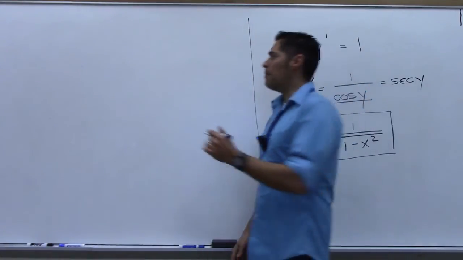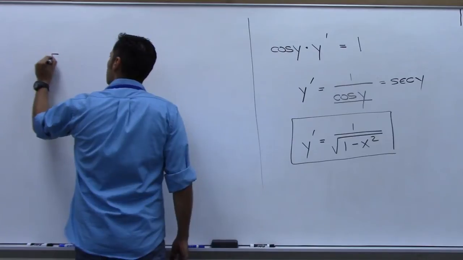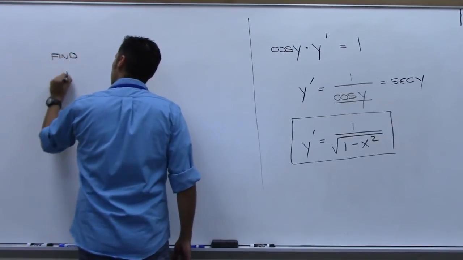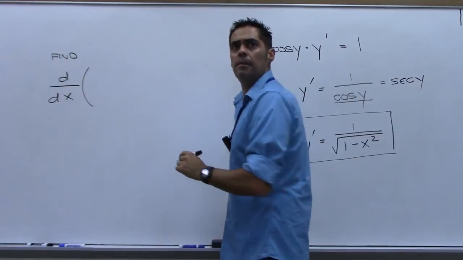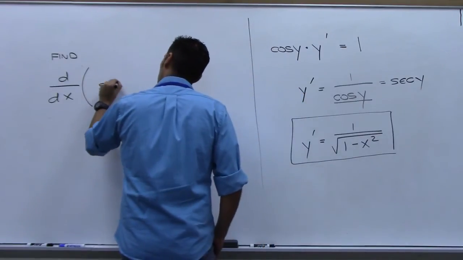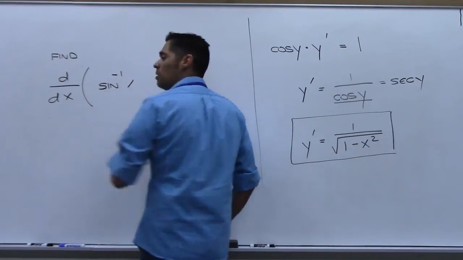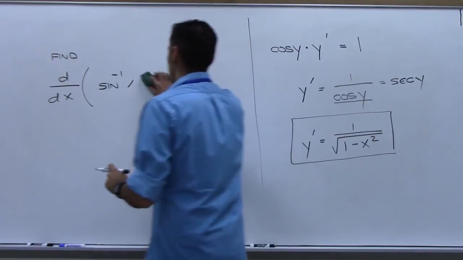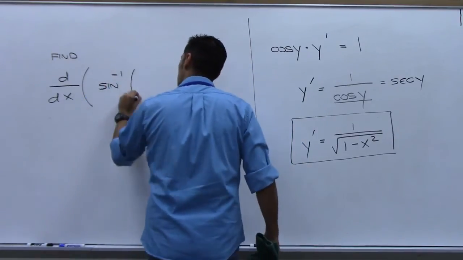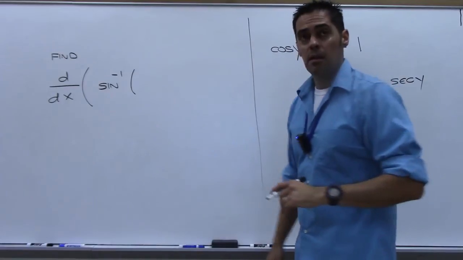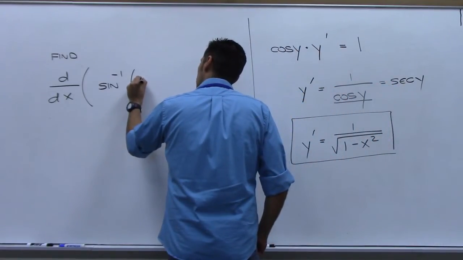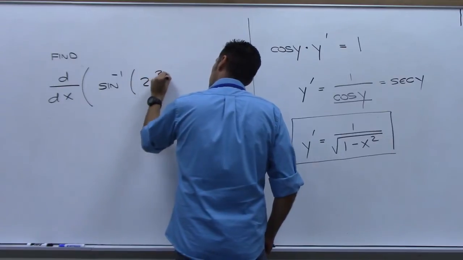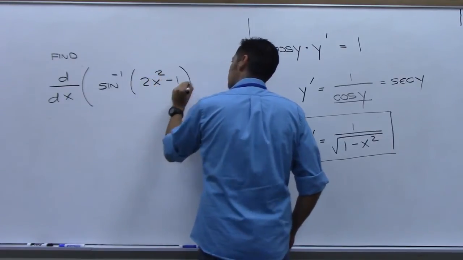So on the next example, we have find the derivative with respect to x of, I want to change this problem up a little bit. Make it, instead of x squared plus 1, let's do 2x squared minus 1.